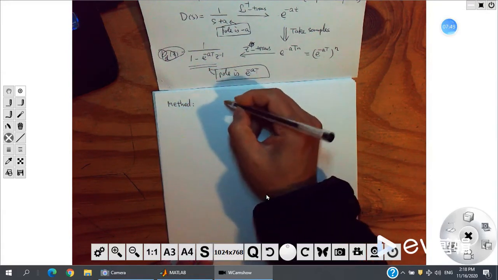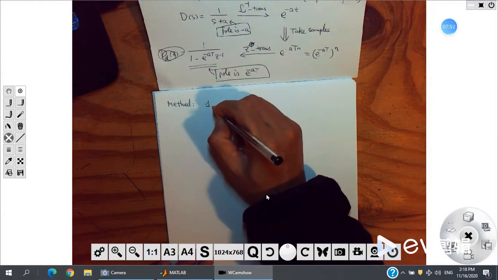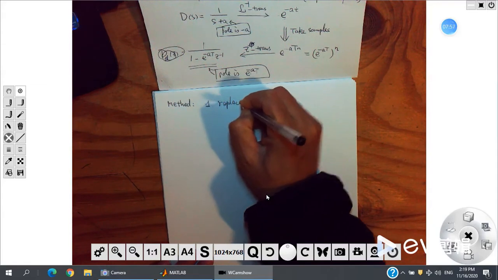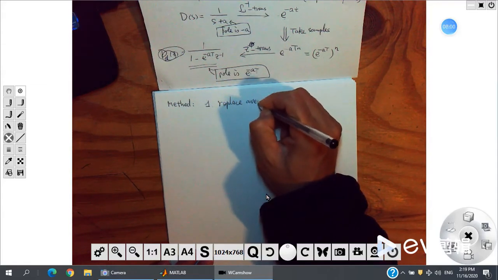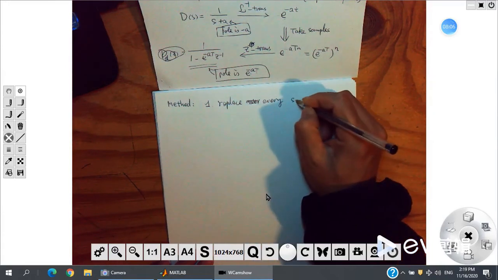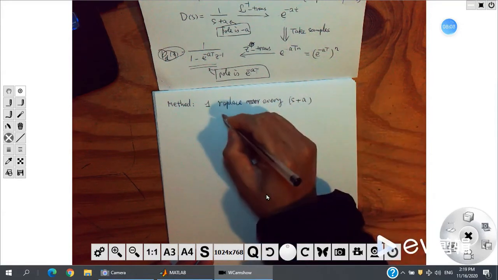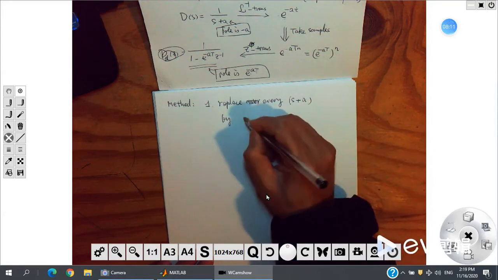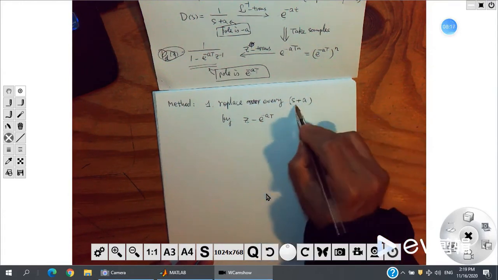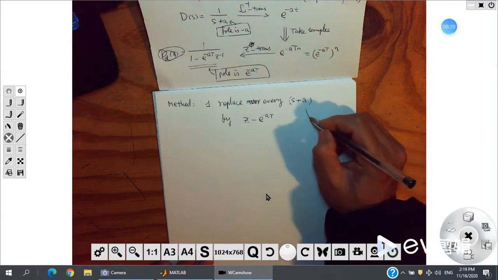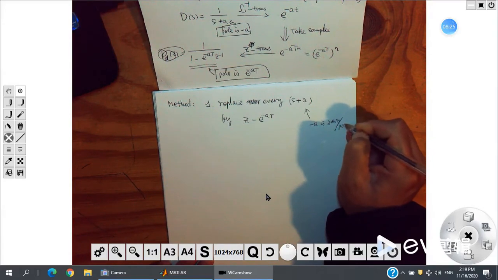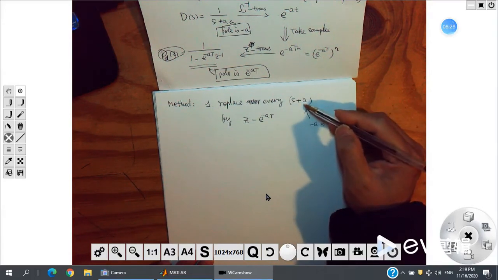We have three steps. First one, replace every S plus a by Z minus e to the negative a T. Negative a is a zero or pole, depending on whether this term is in the numerator or denominator.